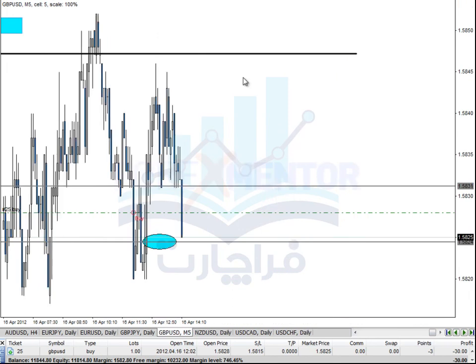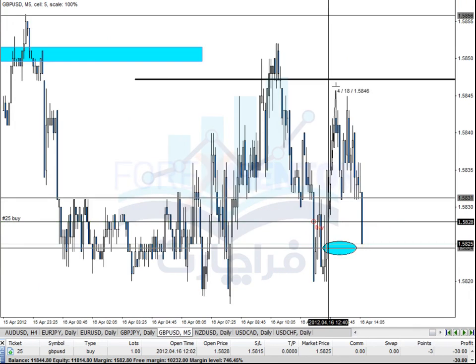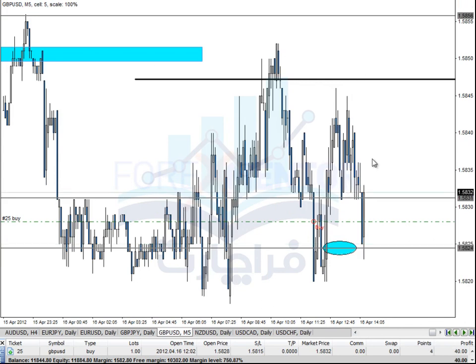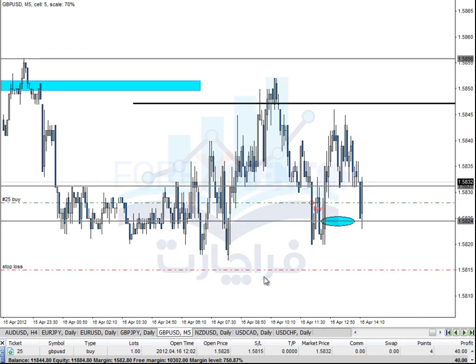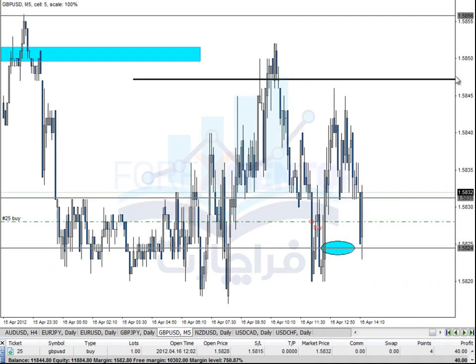This is why I say I don't like to, you see we're up like 18 pips and price is pulling back now. I personally don't like to move my stop to break even and start reducing risk until we start clearing some decent highs. Obviously you stand the risk of price running down, you're up 15 pips or 1-to-1 on the trade, and price then pulls back and stops you out. I accept that risk.